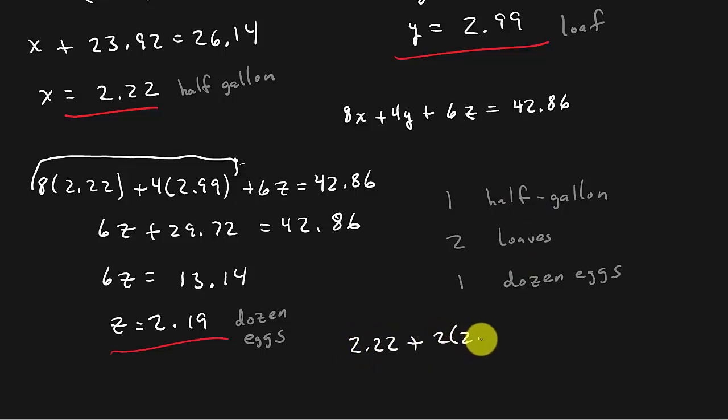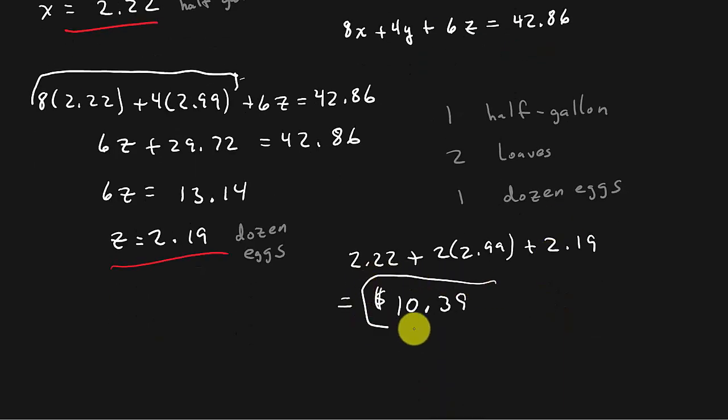So that's going to be 2 times 2.99 plus 1 dozen eggs, 2.19. And so what will that give us? That's going to be 2.22 plus 2 times 2.99 plus 2.19. And that gives us $10.39 will be the bill for Thursday.